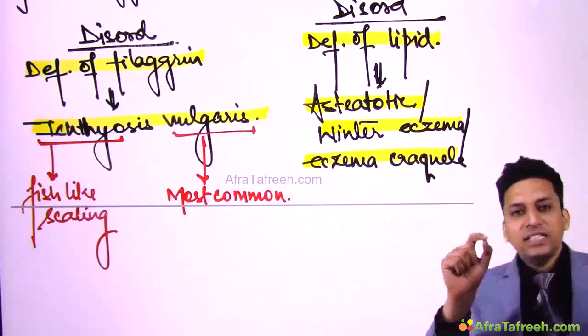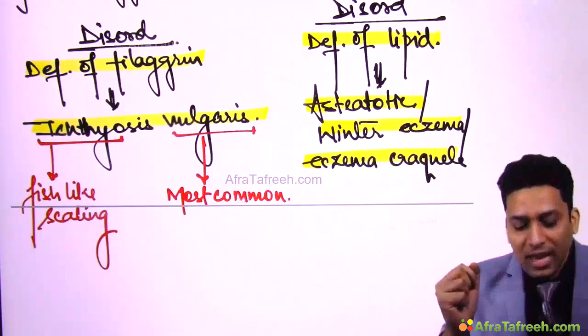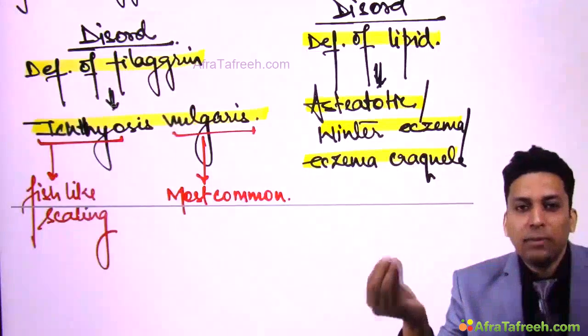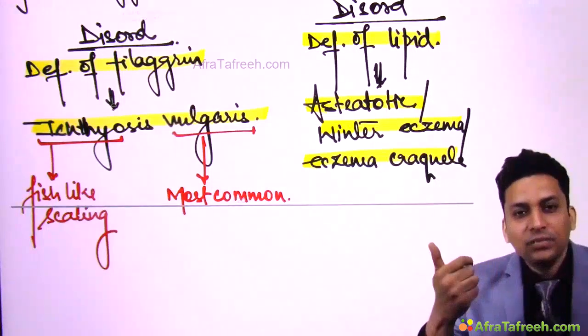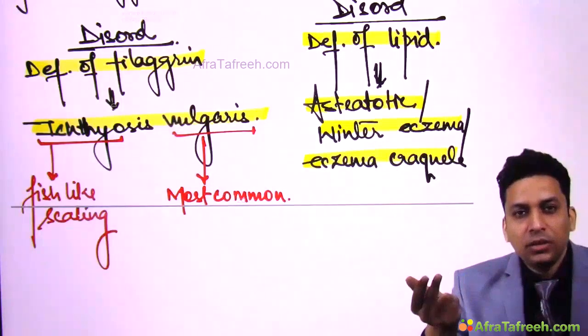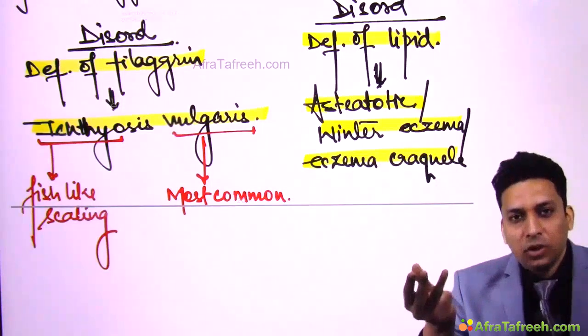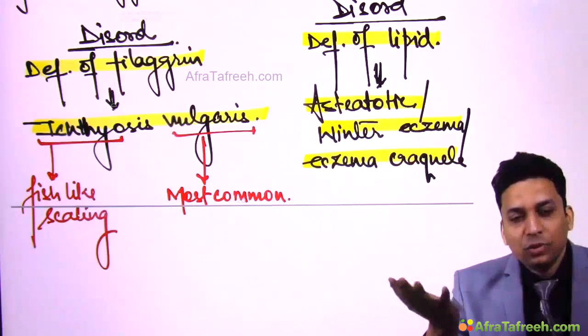So wherever you find this term vulgaris written, you can very easily conclude that that is the most common disorder. Like ichthyosis vulgaris is the most common type of ichthyosis. Acne vulgaris is the most common type of acne. Lupus vulgaris is the most common type of cutaneous tuberculosis. Verruca vulgaris is the most common type of warts, commonly known as common warts.